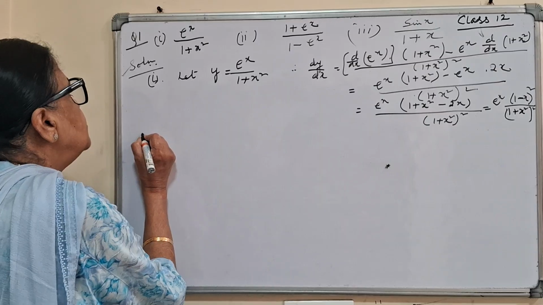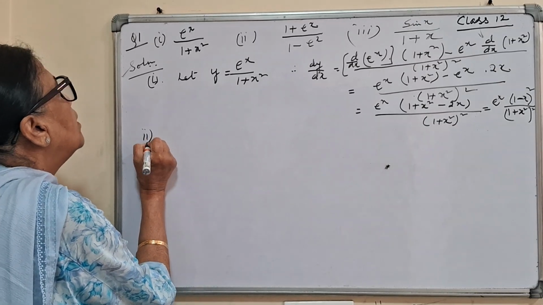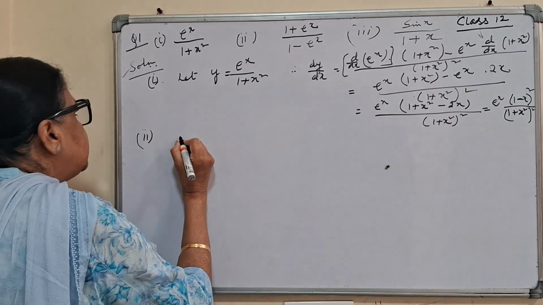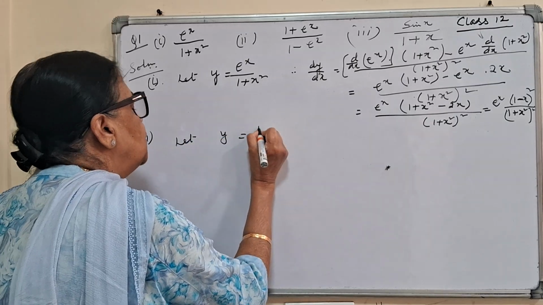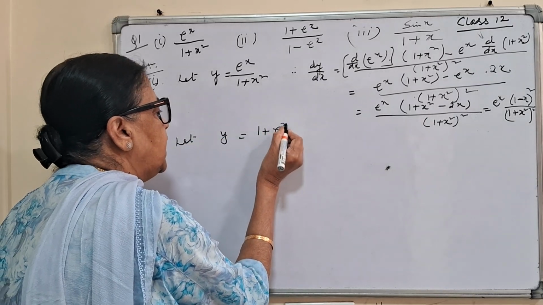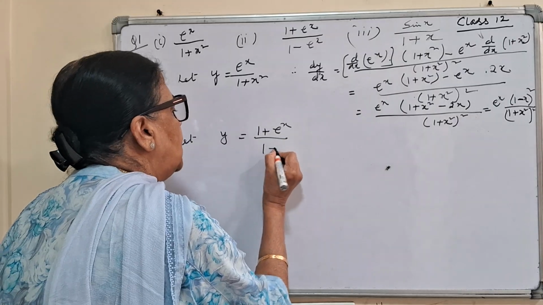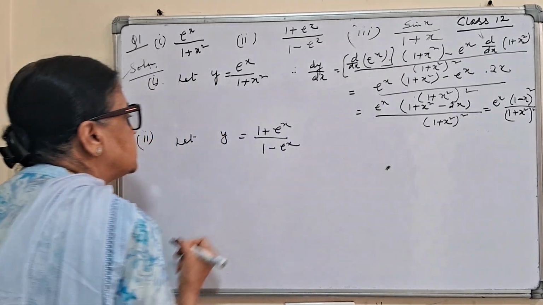Question number 2. Let y be equal to 1 plus e raised to the power x divided by 1 minus e raised to the power x.